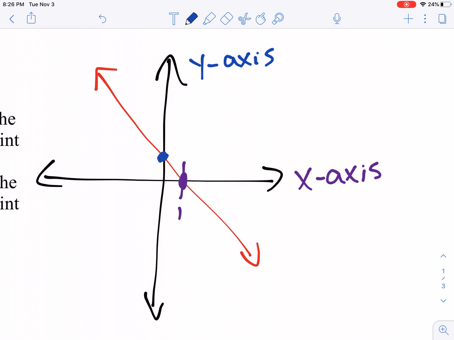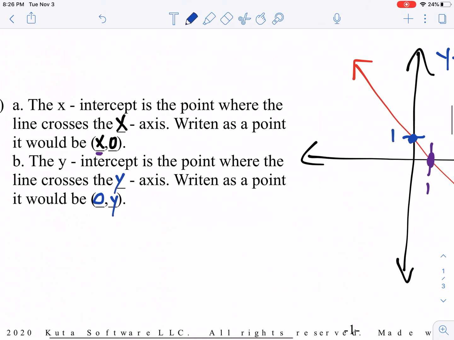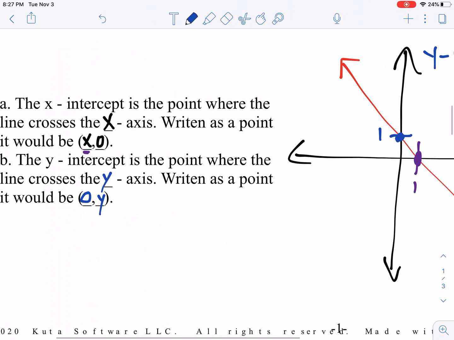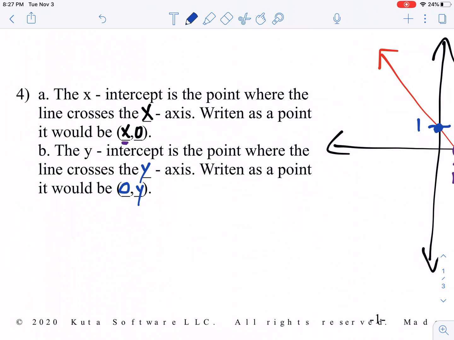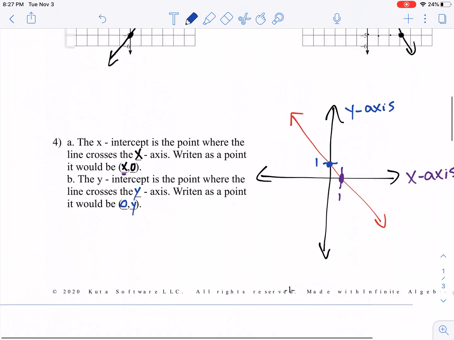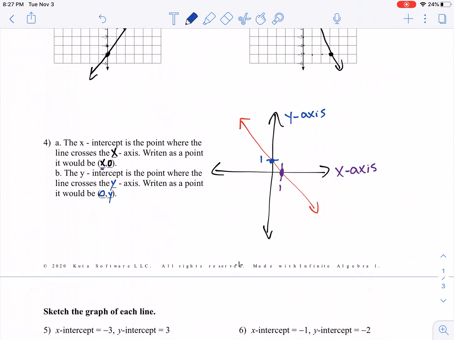Maybe this guy is a positive 1 on the y-axis. In this case, the point would be (0, 1) because I'm 0 on the x, but up a positive 1 on the y-axis. So for the y-intercept, x would be 0, and y is wherever we cross. That would represent our intercepts: where we cross the x, where we cross the y.